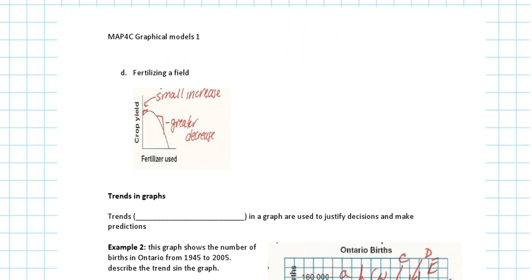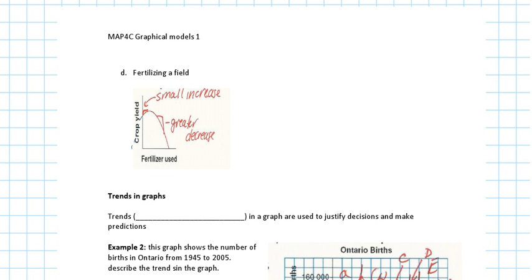Right? If I actually finish drawing this on the other side, it's a parabola. So it's going to increase at first, reach a max, and then decrease after that, right? Because the use of fertilizer is good at a certain amount, like any kind of drugs. After that, it's going to affect you badly.